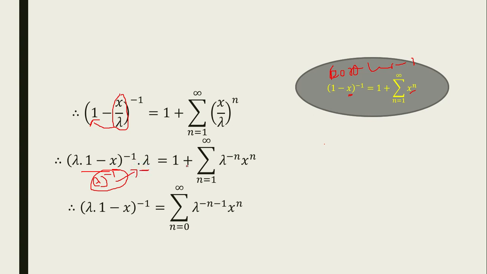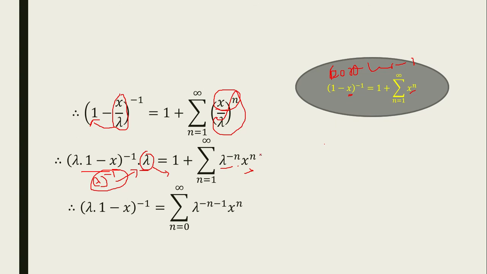Now lambda comes to this side, so lambda raised to minus 1. Simplifying this, if we take n equal to 0, x raised to 0 is 1.